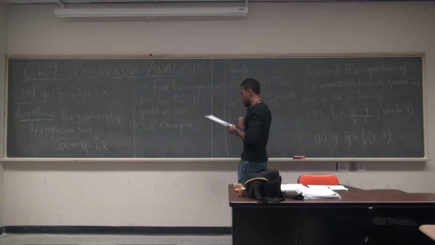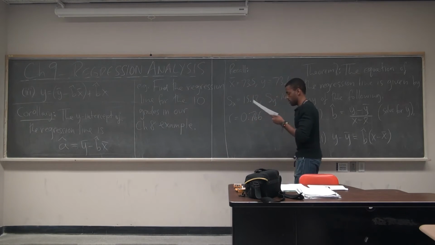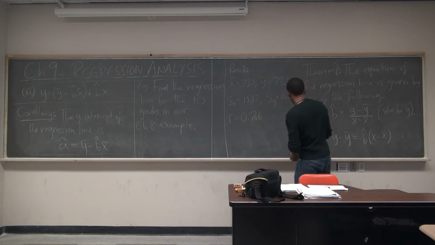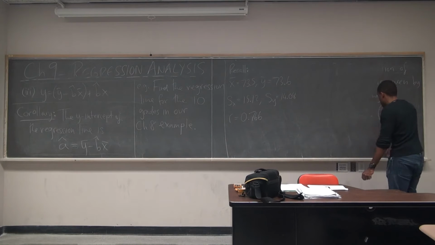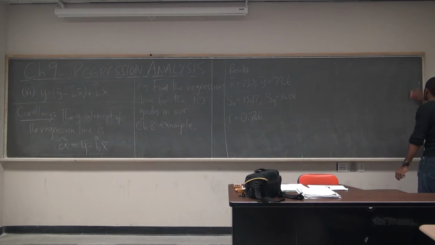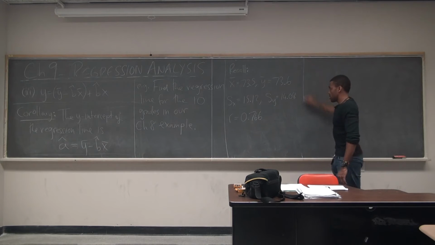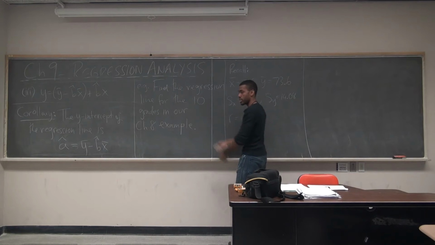We computed our r value, that was actually 0.766. So remember, you'd have to know how to compute these. On a test, I might not give these to you. I'll just give you the data. You'll calculate these yourselves, and then I could actually define the regression line after.